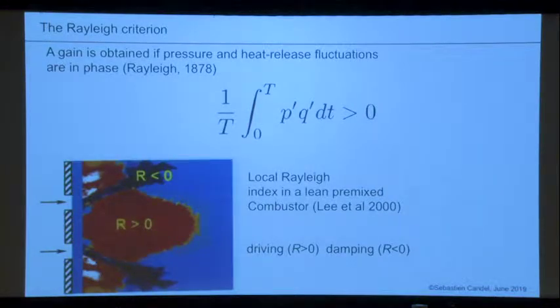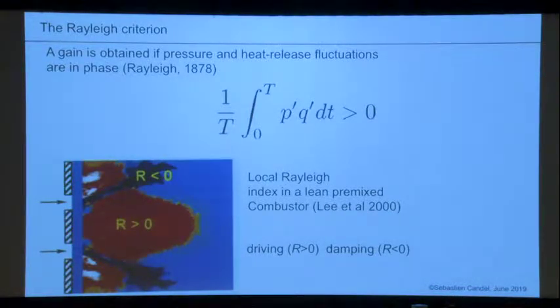And this is very related to the Rayleigh criterion. The Rayleigh criterion tells you when P and Q are in phase, then you have a driving process. But this driving has to be bigger than the damping. So this is initially, now we have exactly the source term. We have its expression.